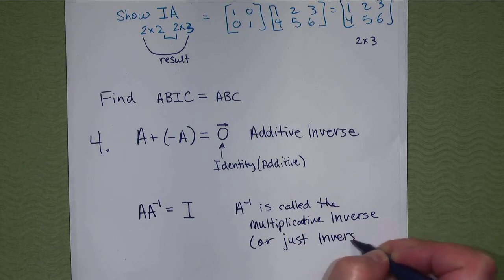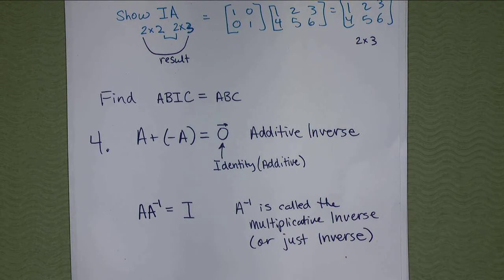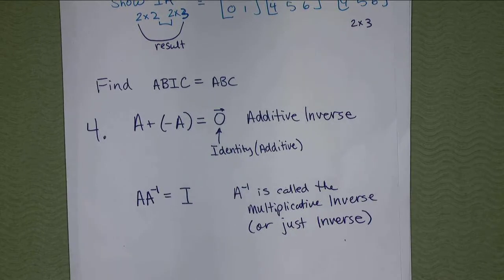So when the question says find the inverse, they're talking about this, the multiplicative inverse. And we're going to learn how to find the inverse later, because there's a whole chapter on that.